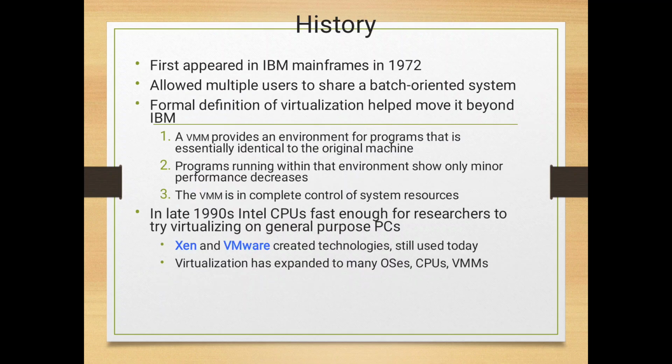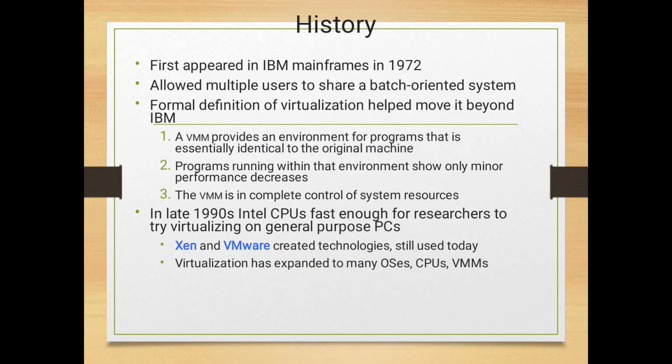The history of VMM: it first appeared on IBM mainframes in 1972. It allowed multiple users to share a batch-oriented system. The formal definition of virtualization helped move it beyond IBM.